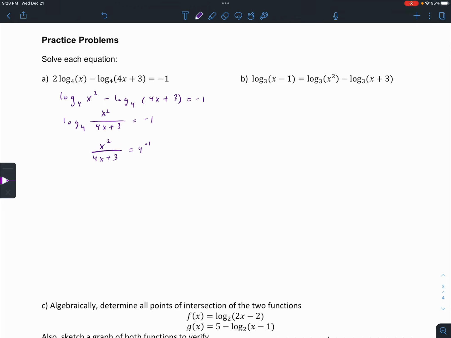This is going to look a little strange. So x squared is going to equal, so we would want to change the 4 to the negative 1 to 1 over 4. So if we do that, we're going to have 1 over 4 times 4x plus 3. x squared is equal to 4x plus 3 over 4.